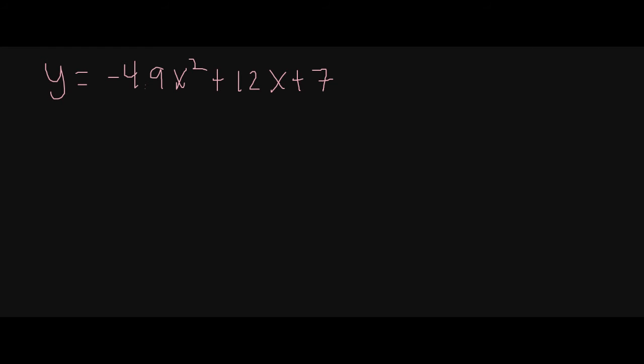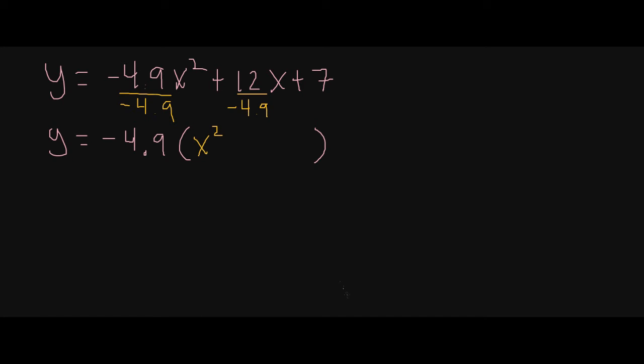All right, so let's go ahead and get started, right? We're going to get y is equal to, right? Well, we need to pull out the number in the front here, right? So what did we do before to pull that out? Well, we just divide by it, right? So we know we're going to get negative 4.9. To figure that out, we're going to divide this by negative 4.9. Well, the negatives cancel out. We're just going to get x squared. And we have to divide this by negative 4.9.